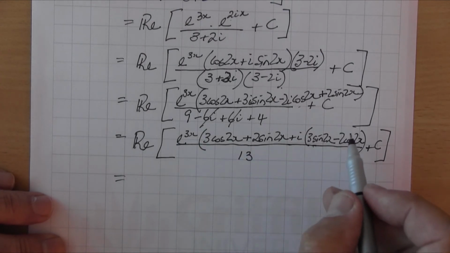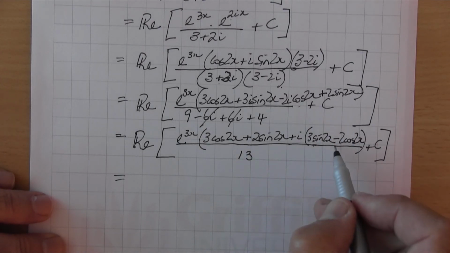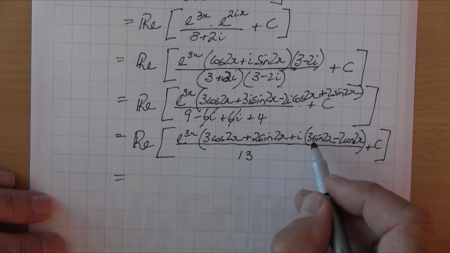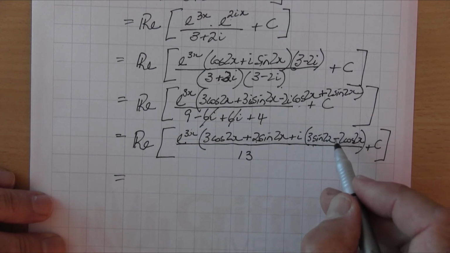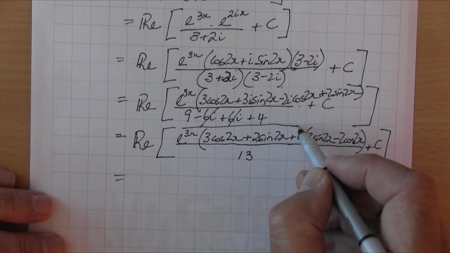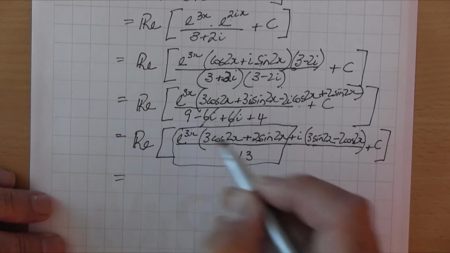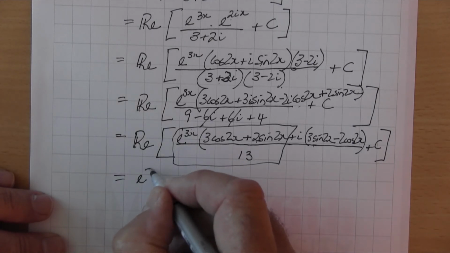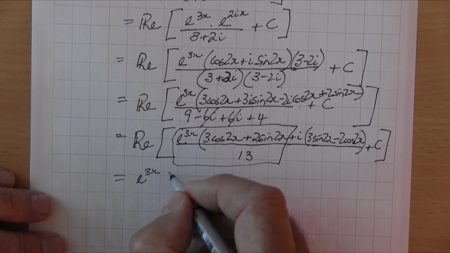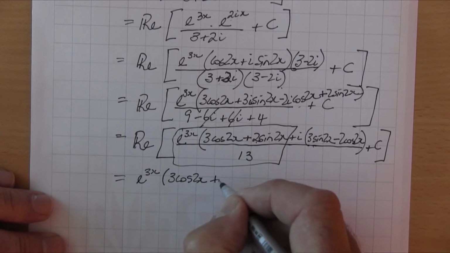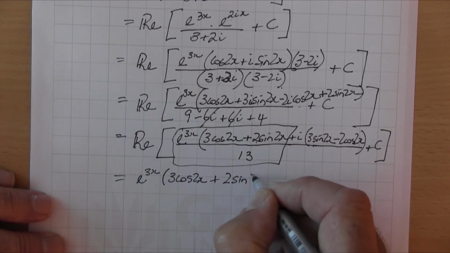Now, this is always going to be the imaginary part. I could split it up into e to that, and then e to the 3x times that, and that'll be my i part. So the real part is that plus the real part of c. So the real part of that will be equal to e to the 3x, open brackets, 3 cos 2x plus 2 sine 2x.